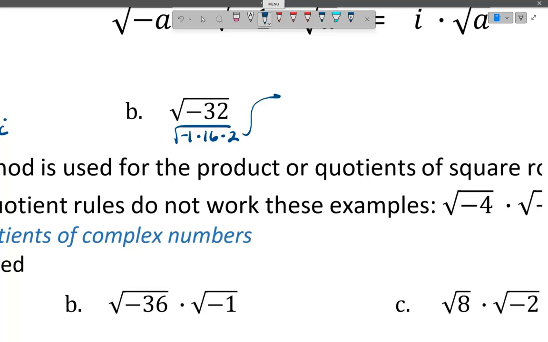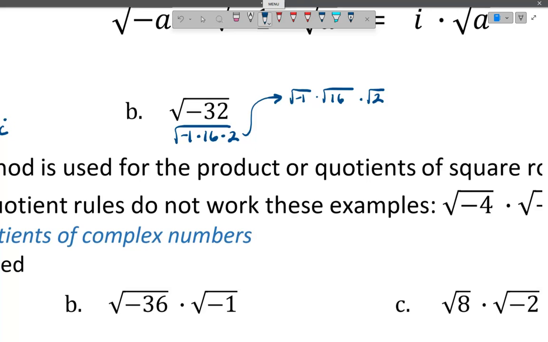So when we're splitting these apart, I have the square root of -1 times the square root of 16 times the square root of 2. This is how we're simplifying our radicals. If I can take the root, I perform the operation, the radical goes away. On any parts that I can't take the root, the radical stays where it is.